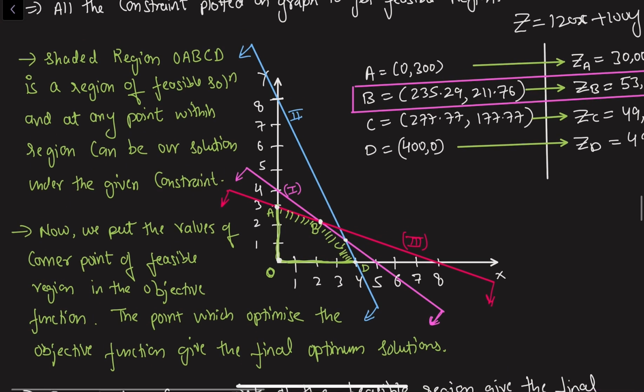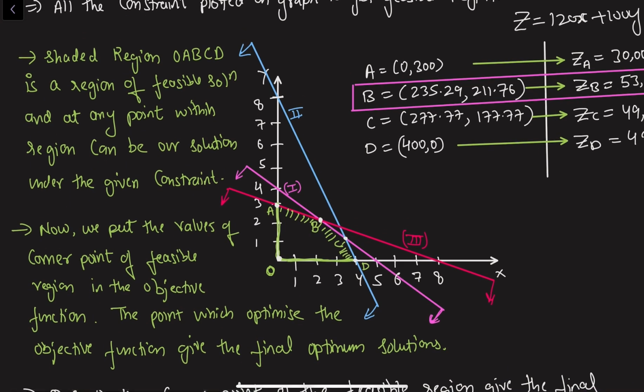Now my final optimum region, or feasible region, is denoted here as a shaded region O, A, B, C, D. This is my feasible region, and any point within the region can be our solution under the given constraints. So now I have point O, point A, point B, point C, and point D.